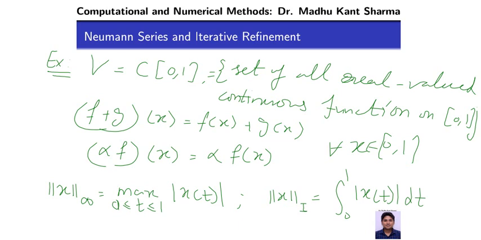This can also be verified because x is a continuous function, so the composition with the magnitude function is continuous, and a continuous function is Riemann integrable. So both norms are well defined.